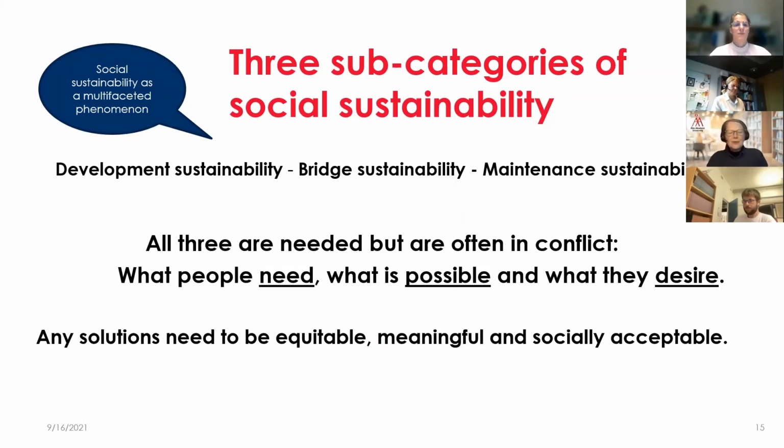And obviously, as we know, these are not all compatible, but there's conflict of interest and a need for compromise, or need for change in some of these components to be able to make it into one whole that would be compatible with sustainability as a society.